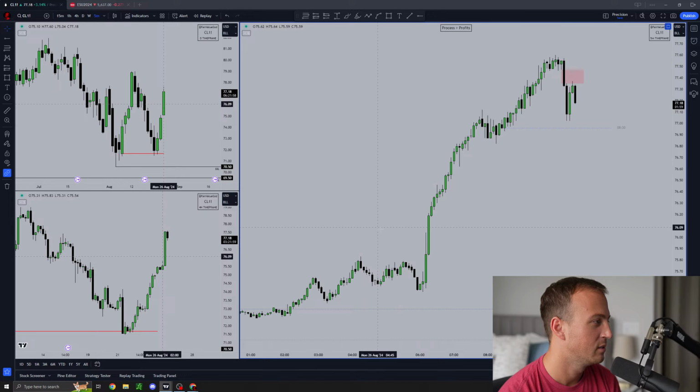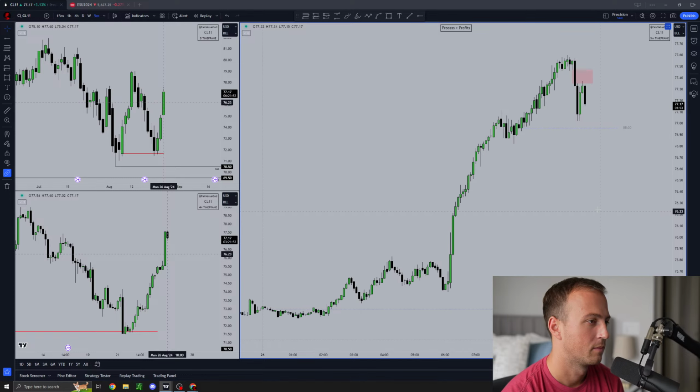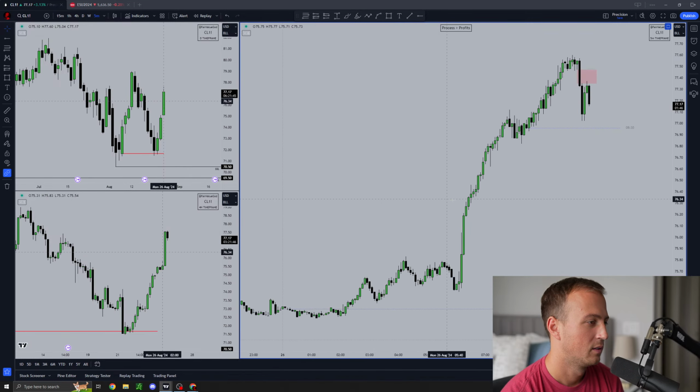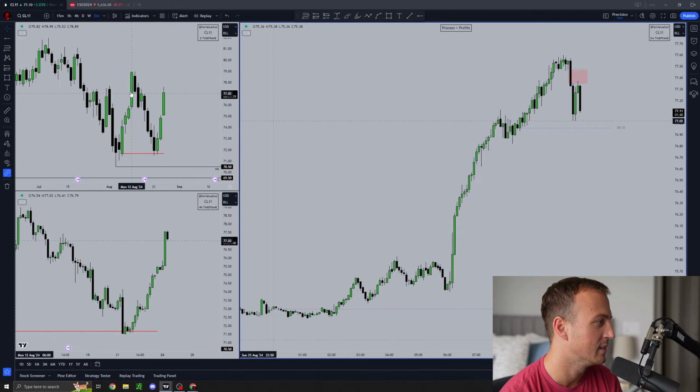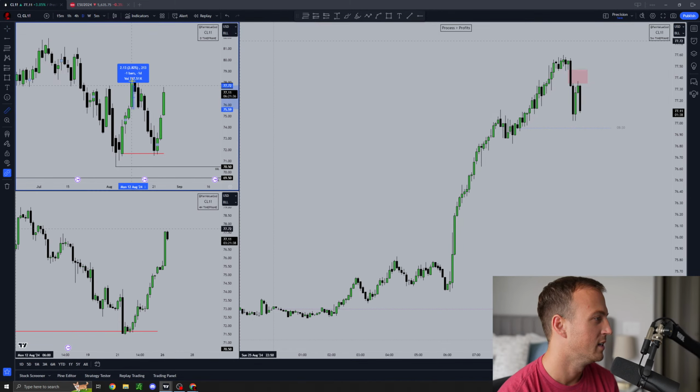A continuation can play out. Right, we can reverse. We're above 30. And oil's moving pretty good today. This might be one of the larger range days we've had since this day. This day was crazy.